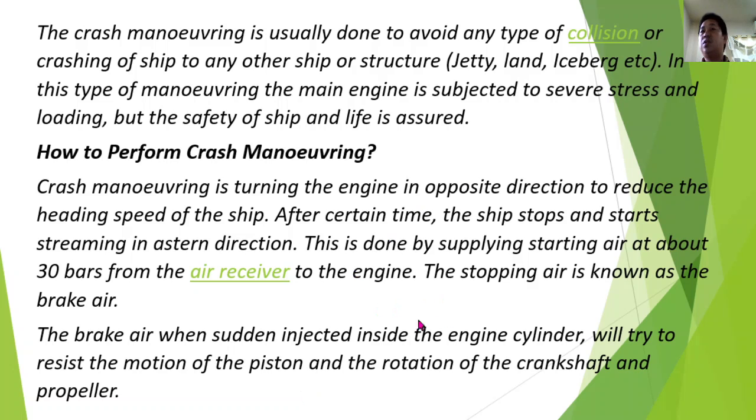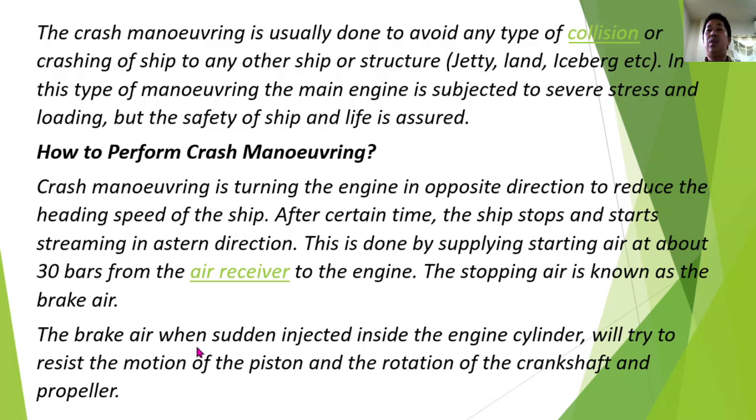How does this work in crash maneuvering? Remember, this is done by supplying starting air at about 30 bars from the air receiver to the engine. The stopping air is known as the brake air.